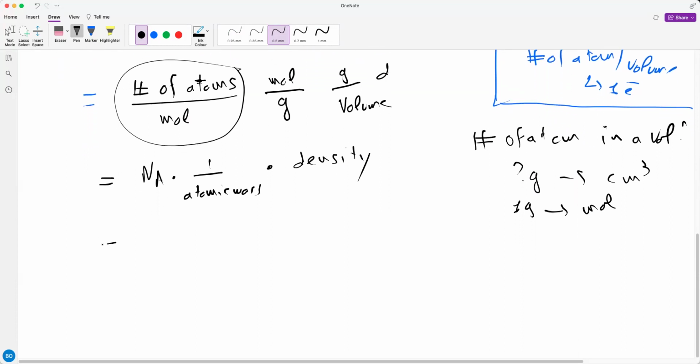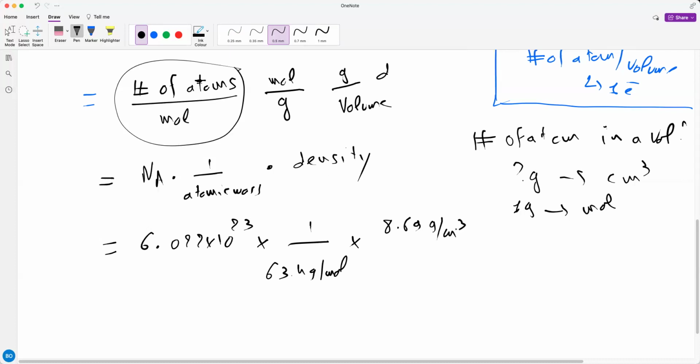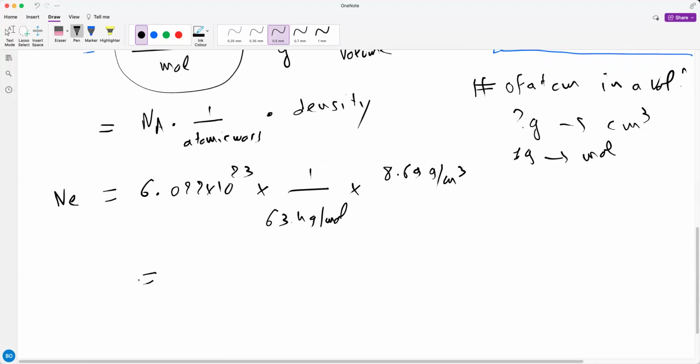So it's the Avogadro number, 6.022 times 10 to the power of 23 atoms, times 1 over atomic mass. Well, atomic mass is 63.4 grams per mole, times the density. The density is 8.96 grams per cubic centimeter. Now, I would like to convert everything. Any question, please, here?